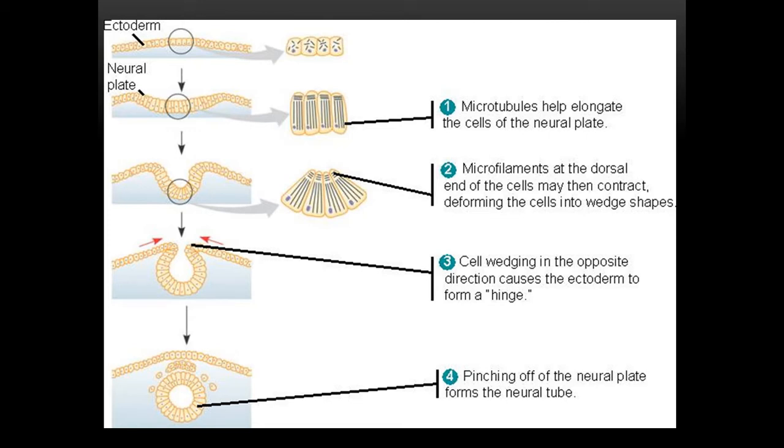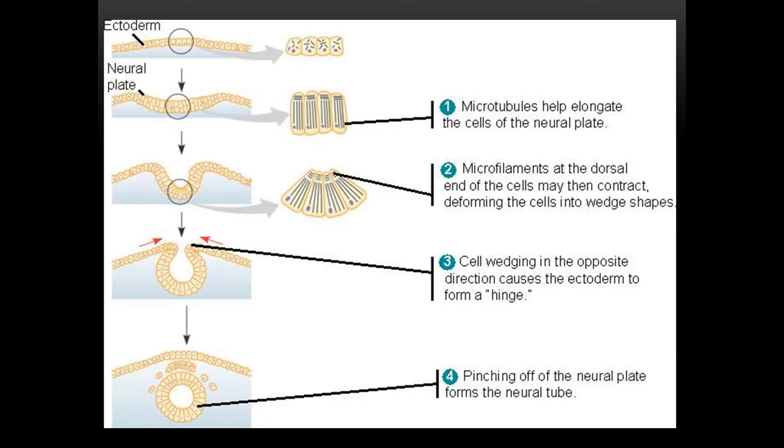And later on, microfilaments on the dorsal side of the cells, as we are seeing here in number 2, microfilaments on the dorsal side of the central cells will contract, deforming them into wedge-shaped aggregates of cells. Cell wedging will allow the formation of a groove, the neural groove.